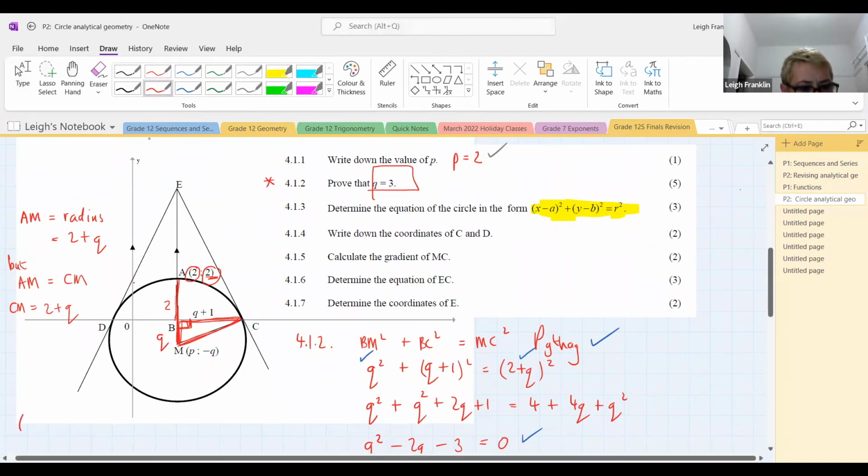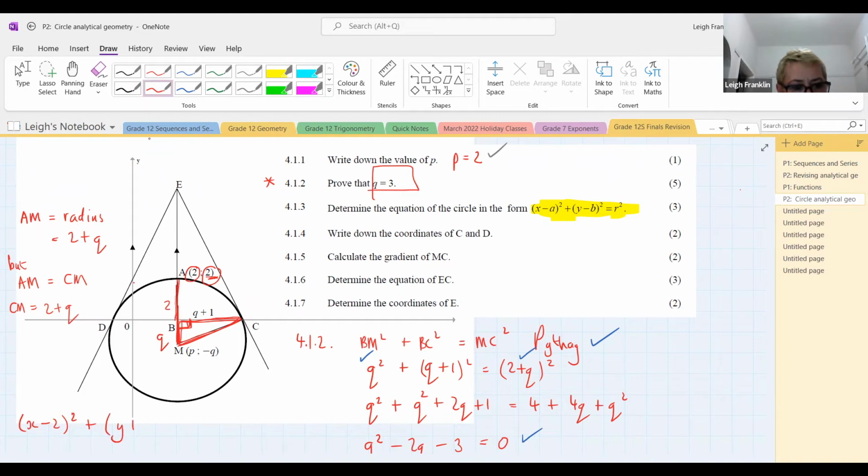Okay, so here this would end up being (x minus 2) squared plus (y plus 3) squared equals r squared. Does that make sense to everybody? Okay, so I've got to sub in my A and my B first, just like Kanisile said. Then we're going to sub in the coordinates of A, you said, to solve for r. Well done, Kanisile, that's perfect.